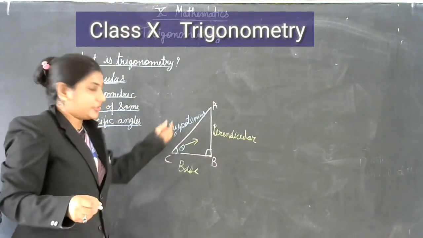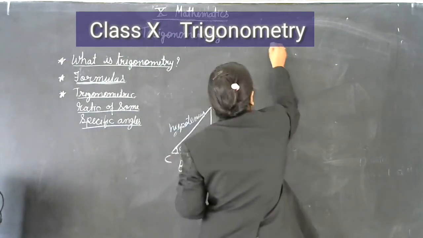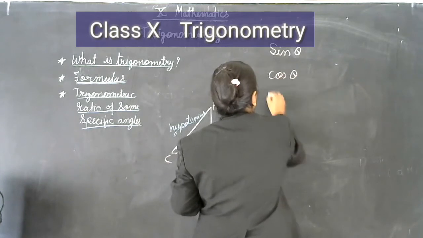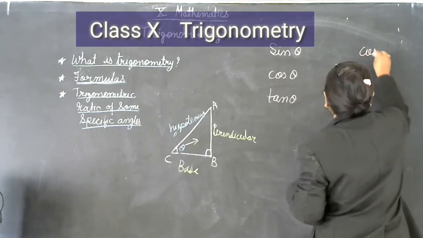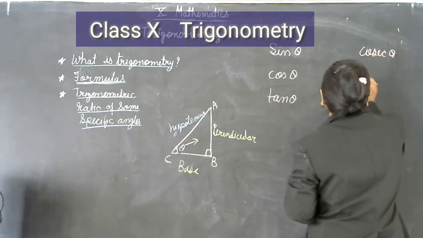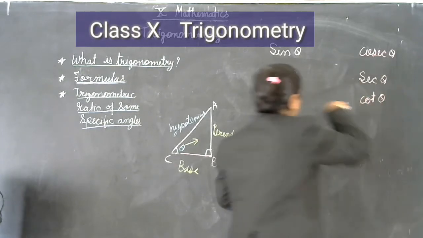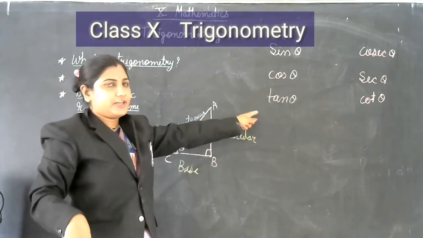Now in trigonometry there are three important functions which we discuss: sin theta, cos theta, tan theta, cosec theta, sec theta and cot theta. These are the main important functions of trigonometry.